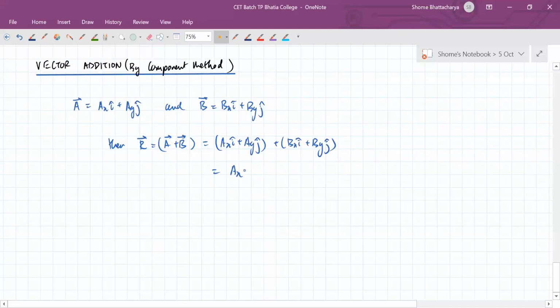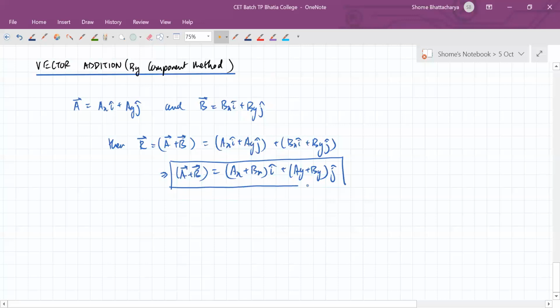So this becomes Ax plus Bx if you take i cap common, and Ay plus By if you take j cap common. So this becomes a very simple formula for the resultant sum of A and B. The resultant sum of A and B is the sum of the x components into i cap plus sum of the y components into j cap.